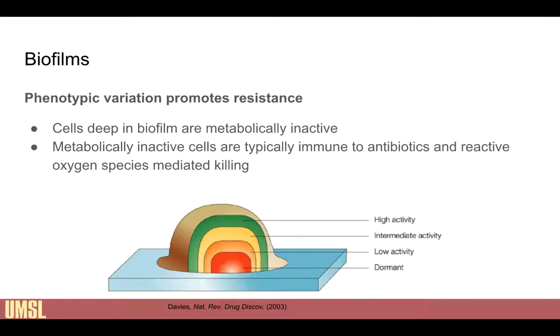And so all of these cells that are actively making proteins, making enzymes, performing metabolic functions, growing and dividing, these bacteria die during exposure to antibiotics. But these very dormant bacteria in the heart of a biofilm essentially survive this because they're essentially immune to antibiotic action.